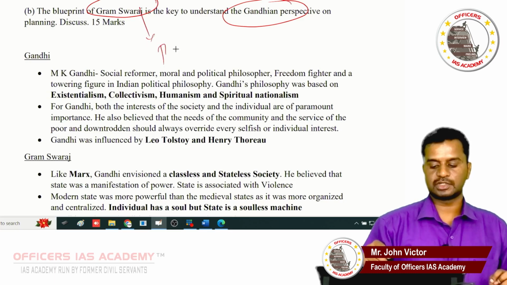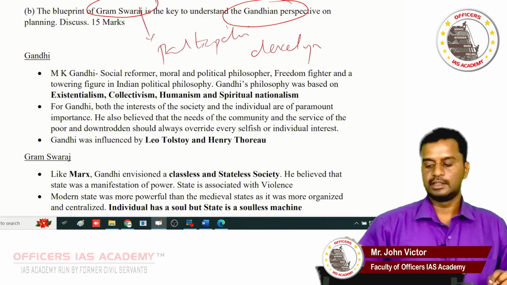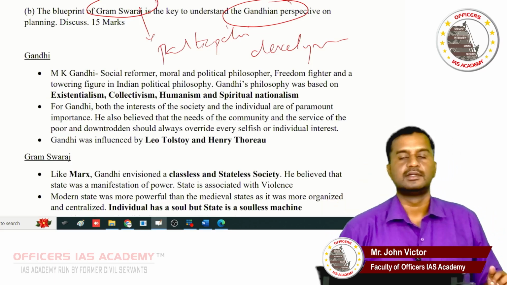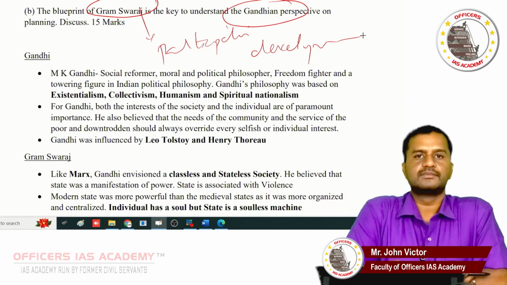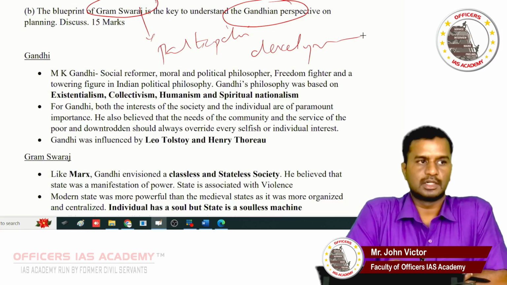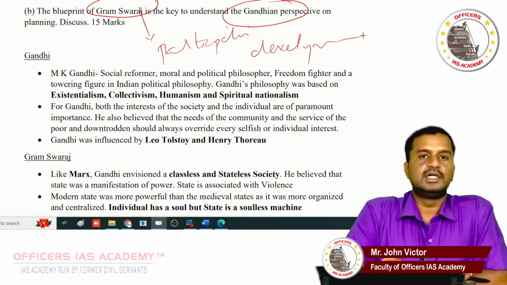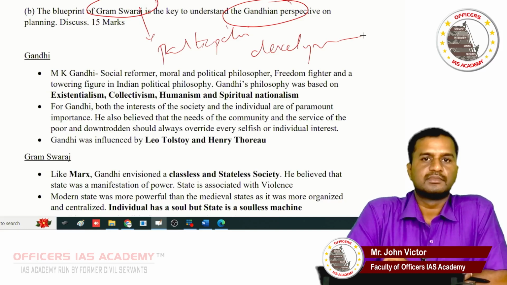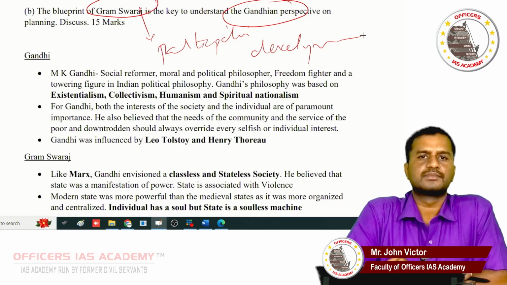Gram Swaraj itself is based on participatory democracy, developmental democracy. Marx and Gandhi, they are similar as far as their view on state is concerned. Both are against the concept of state. Gandhi called state a soulless machine. He told that state wields power, which is wrong. There is no need for power.